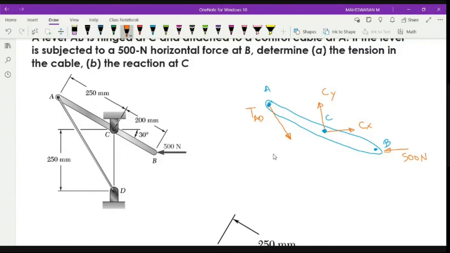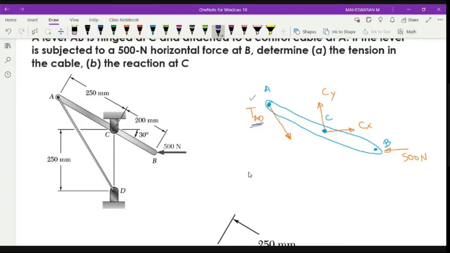If you look at your forces, all these forces are horizontal and vertical except this TAD. So TAD alone I have to resolve.